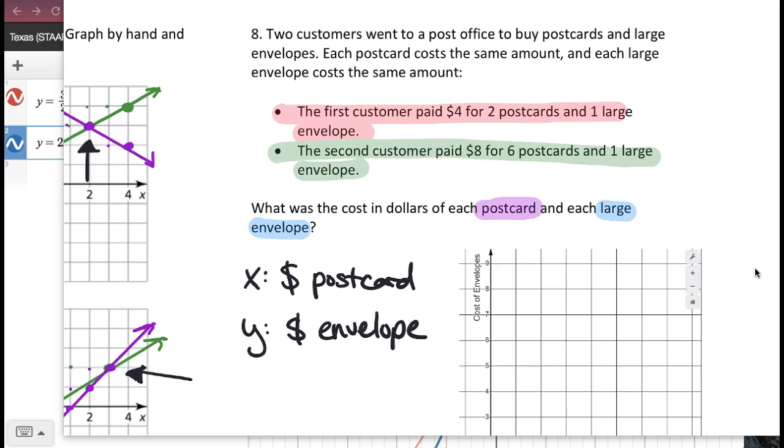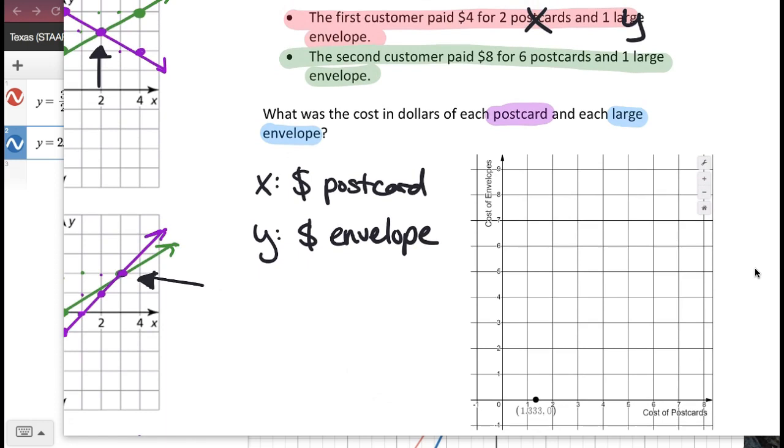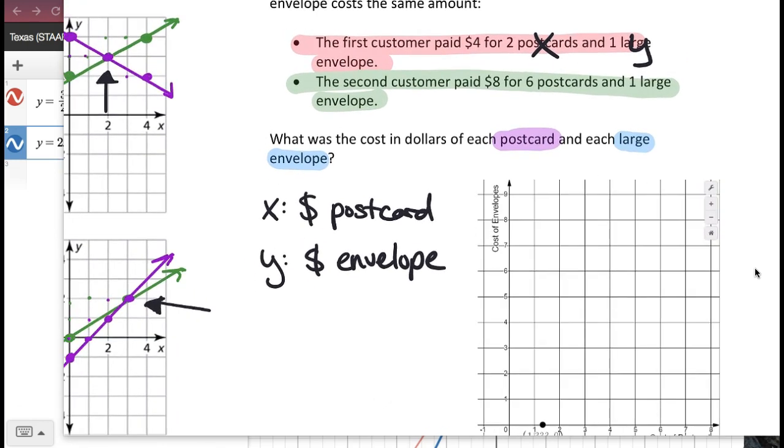Let's digest the information we were given. In the red part that I highlighted, it says the first customer paid $4 for 2 postcards and 1 large envelope. Well, I already said that postcards is going to be X and large envelopes is going to be Y. So we can see that the red sentence translates to the mathematical equation 2x plus 1y is equal to $4.